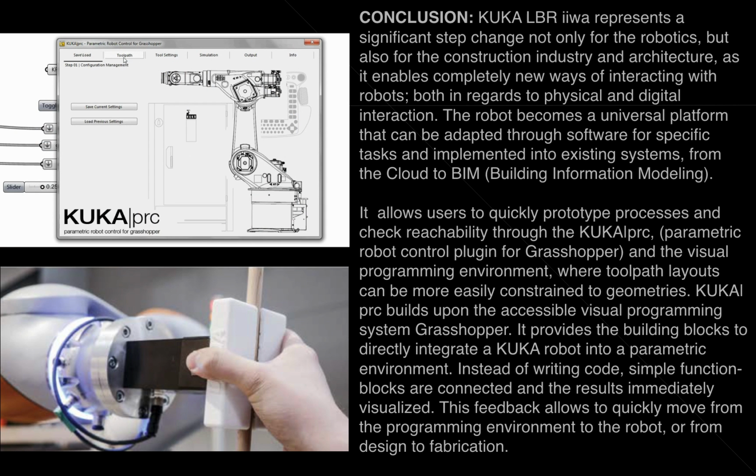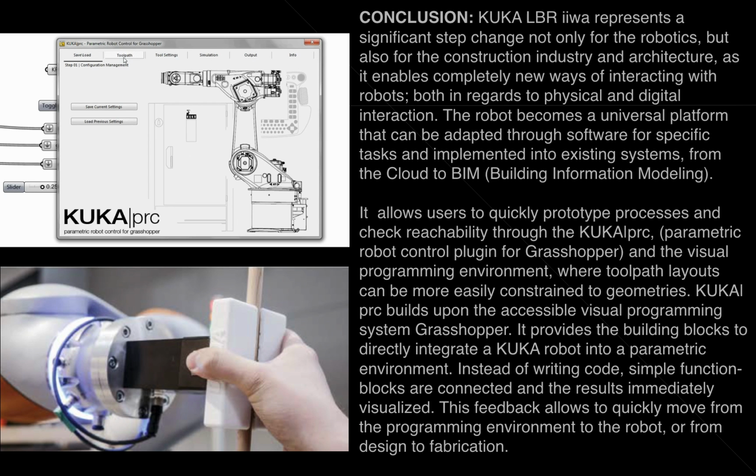So it's a significant step of change, not only for robotics, but also for the construction industry and for design, as it enables a new way of interacting with the instrument, both in regards to the physical and digital interaction.